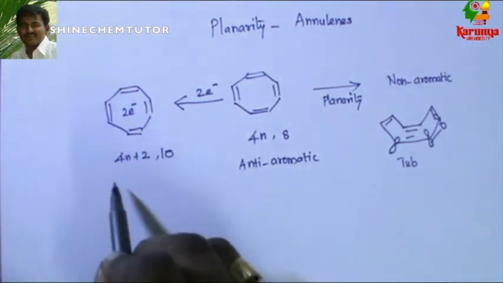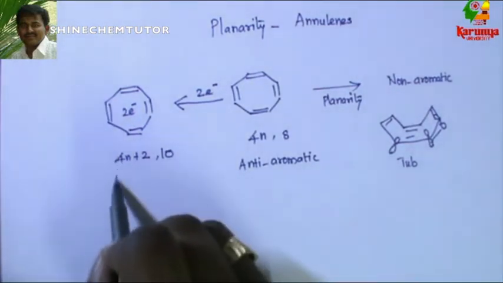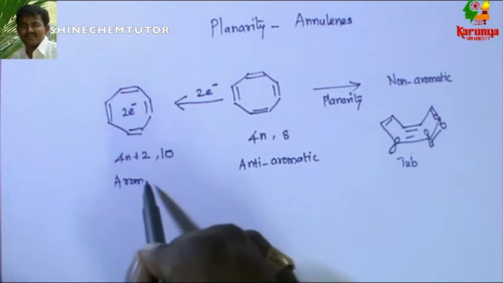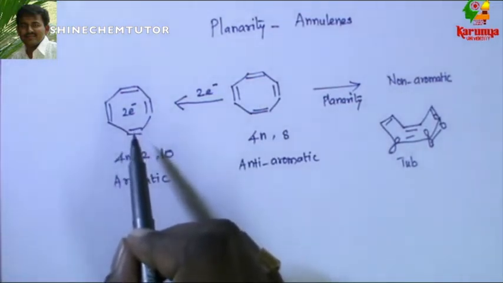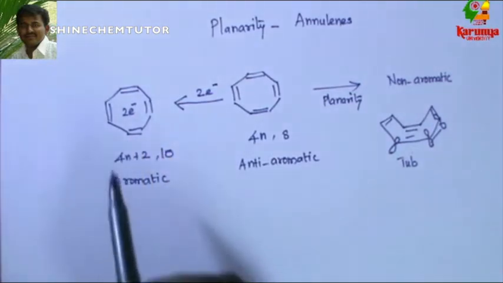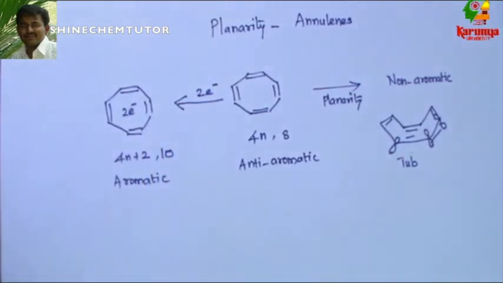So this should be aromatic, provided this molecule is planar. So this particular system becomes planar when you add 2 electrons, because it is aromatic.